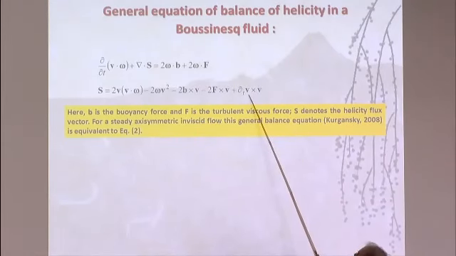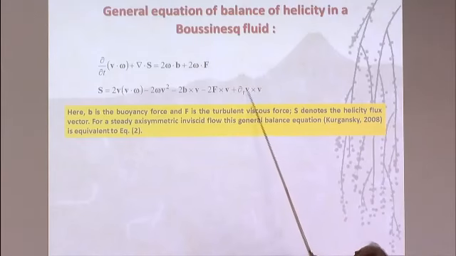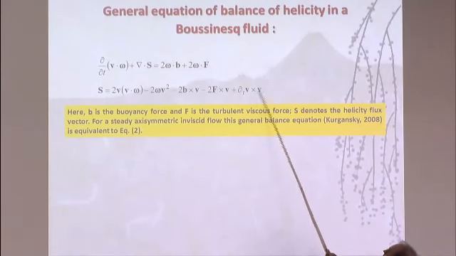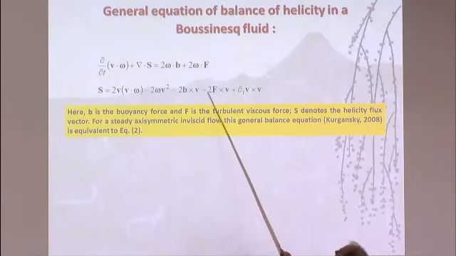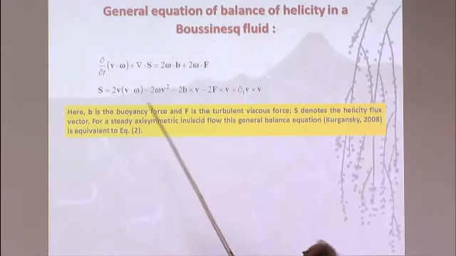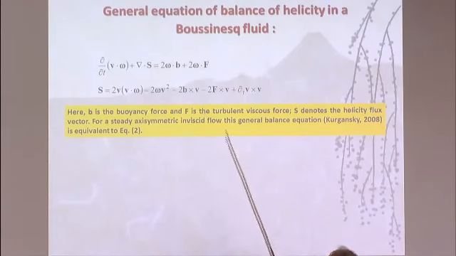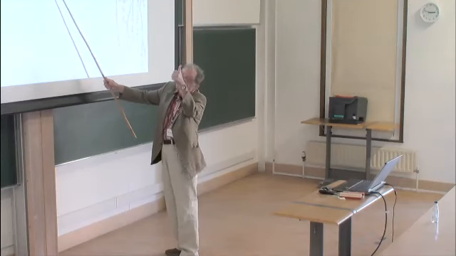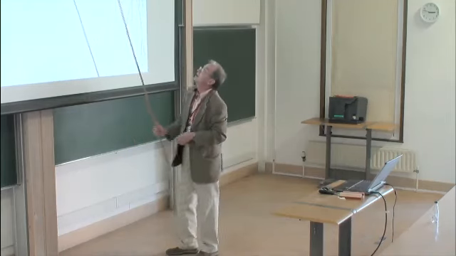But for steady flows, it does not matter because it vanishes. It also vanishes when these two vectors are parallel. And so you really have this flux of helicity. If you are interested in the vertical component of this flux, this term vanishes because B is also directed vertically. And for ideal fluid, it's 0 as well.